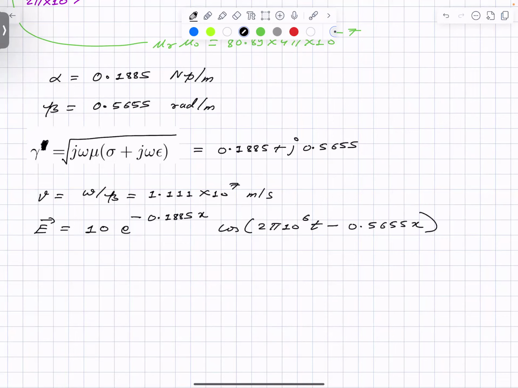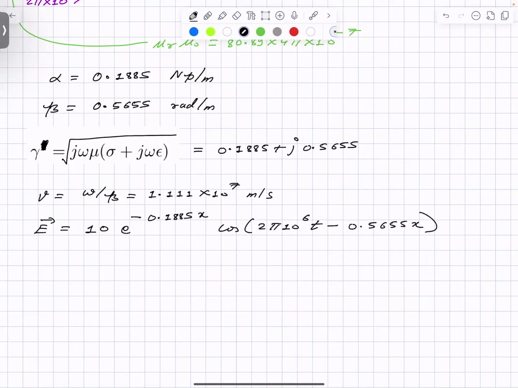It's a lot easier to do this in phasor domain because all we have to do is take the curl of electric field intensity in phasor domain, and we don't even have to integrate, because the derivative is getting replaced by multiplication by j omega. So we'll do this in phasor domain, right?